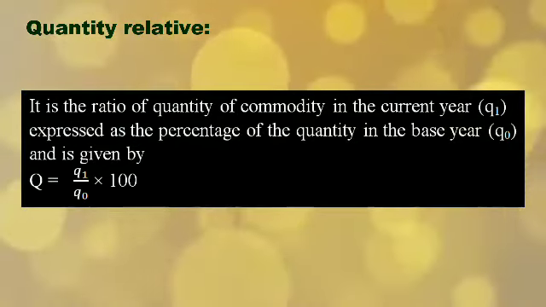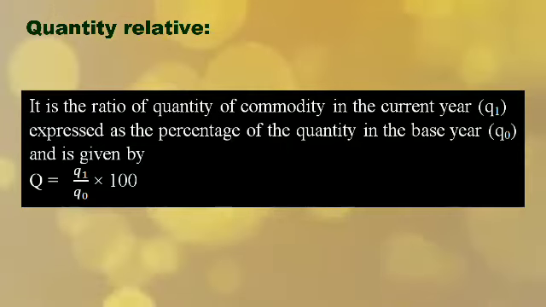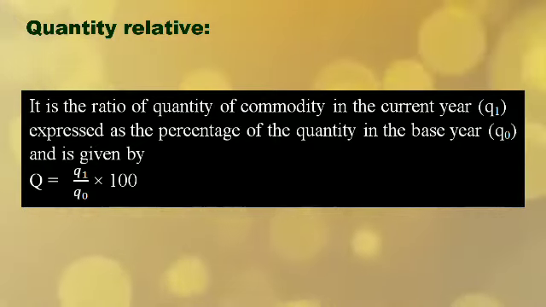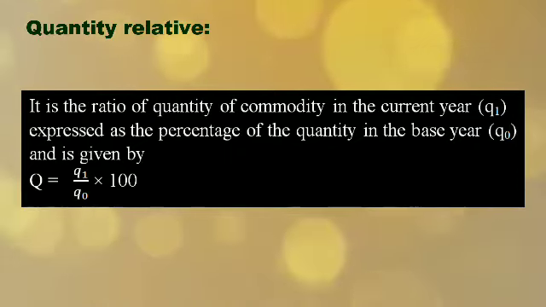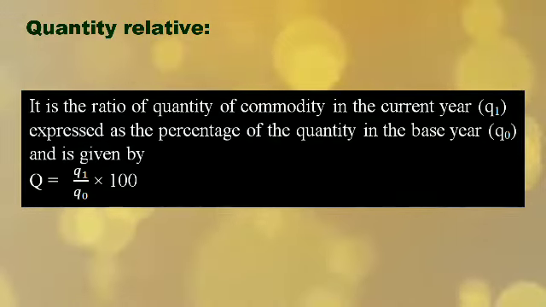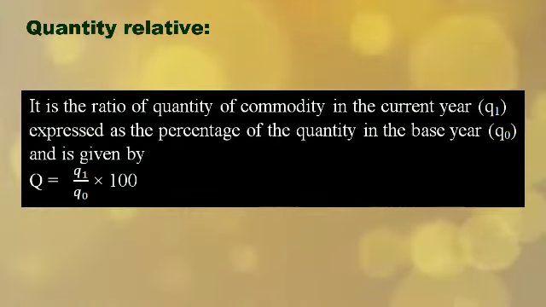Under price relative, you are studying the change or the variation in the price of the commodity or the item. Here under quantity relative, we are studying the variation in the quantity of the goods consumed. That is, the quantity of goods consumed in the year 2015 and the quantity consumed in the year 2020, and that variation can be studied under this concept.